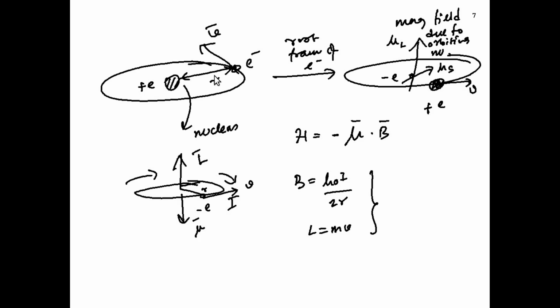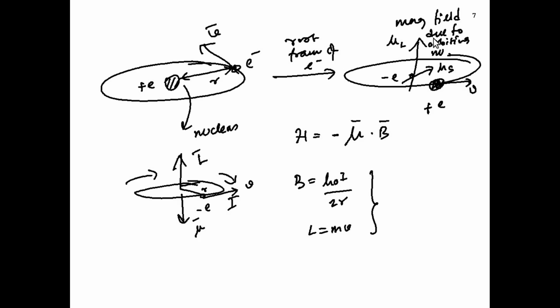This is the proton and this is the velocity of the electron in the nucleus frame. Now in the reference frame of the electron, the velocity is minus v. So it sees the proton moving around, and this orbiting charged object produces a magnetic field here. By the way, in all these approximations we assume that the nucleus is a static object, but in the reference frame of the electron, of course it is not.